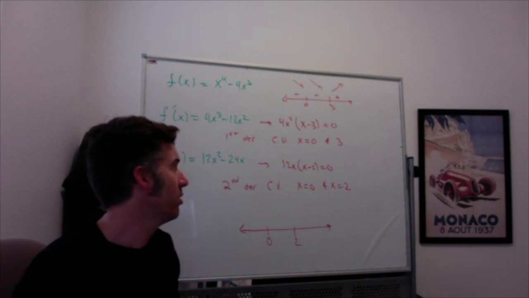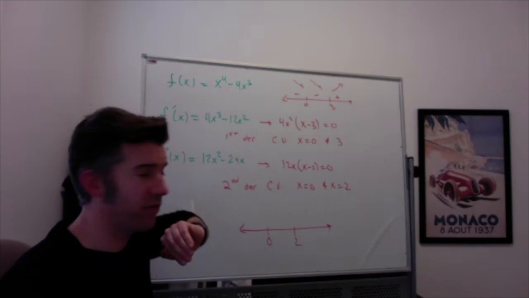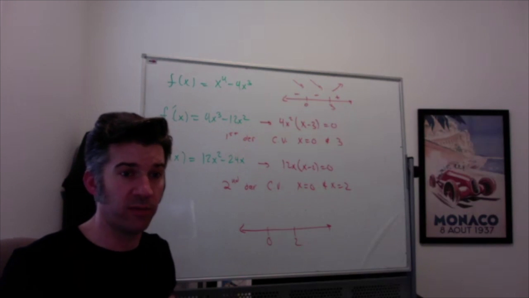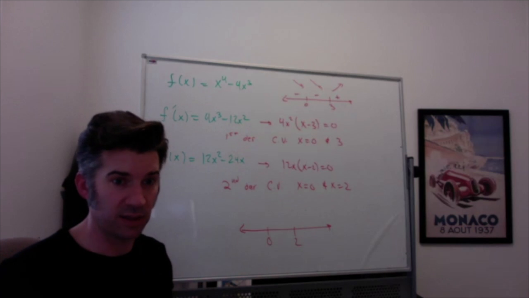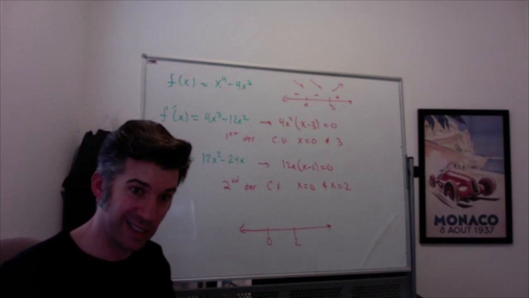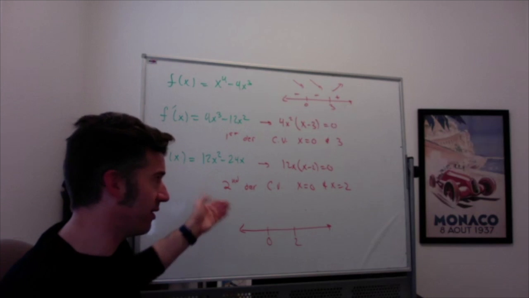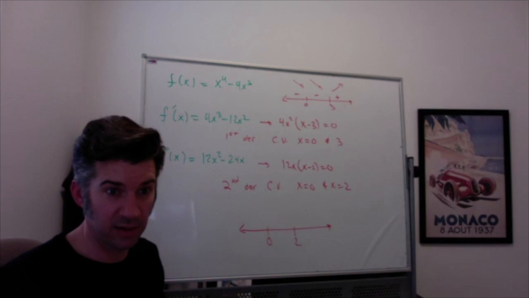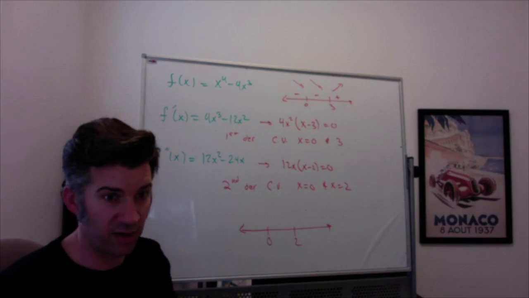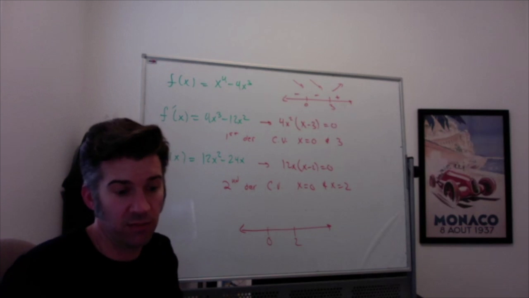So just like the first derivative critical values are where the function might change from increasing to decreasing or decreasing to increasing, because the first derivative might change signs, the second derivative critical values are where the second derivative might change signs. So that's where you might change from positive concavity to negative or vice versa.